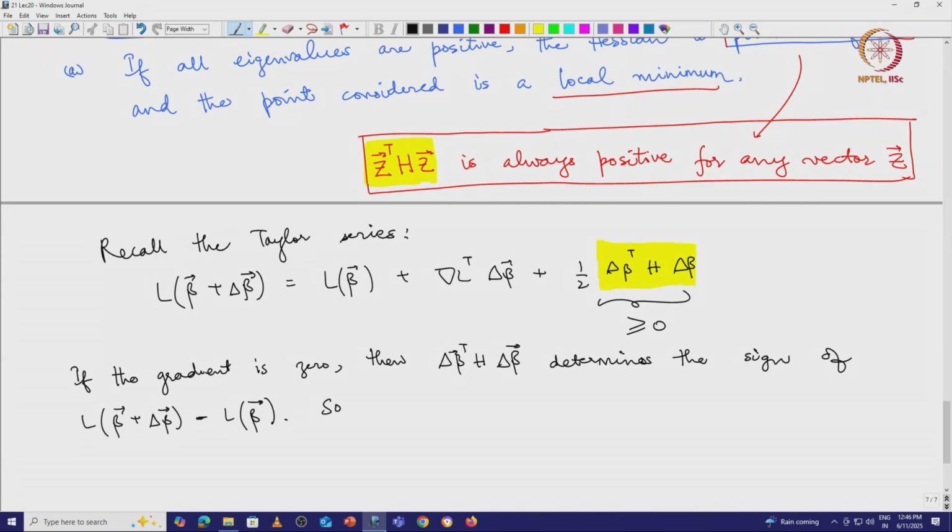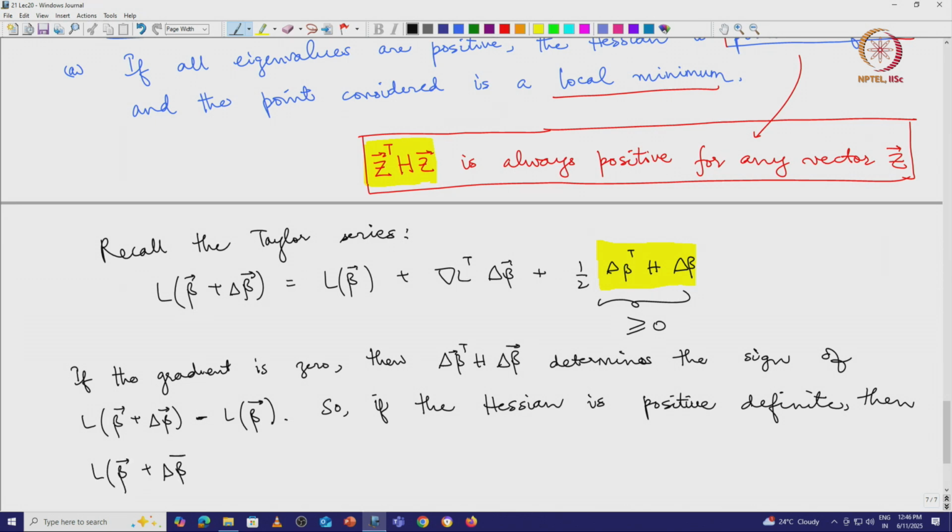So, if the Hessian is positive definite, then L of beta plus delta beta minus L of beta will be greater than or equal to 0. Why?